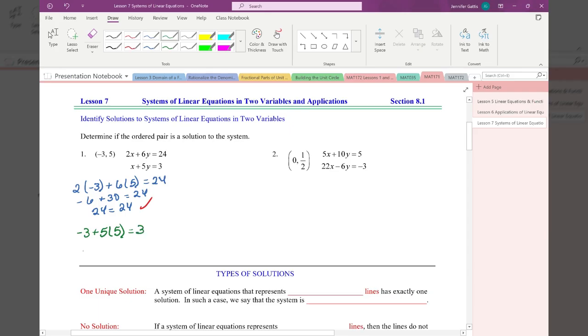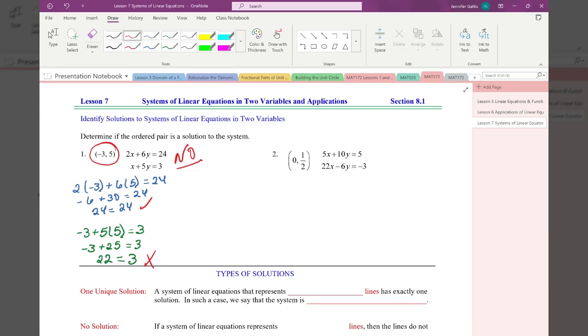Well, that gives us -3 plus 25 equal to 3. And that gives us 22 equal to 3. And that is not a true statement, which says no. This ordered pair, -3, 5, is not a solution to the given system.